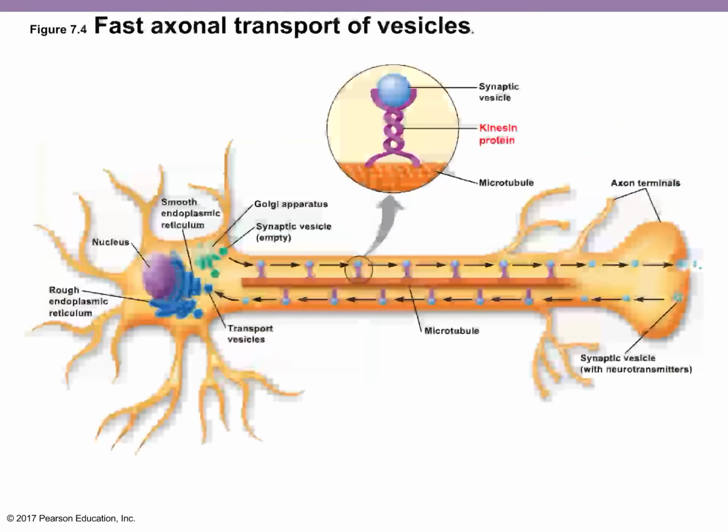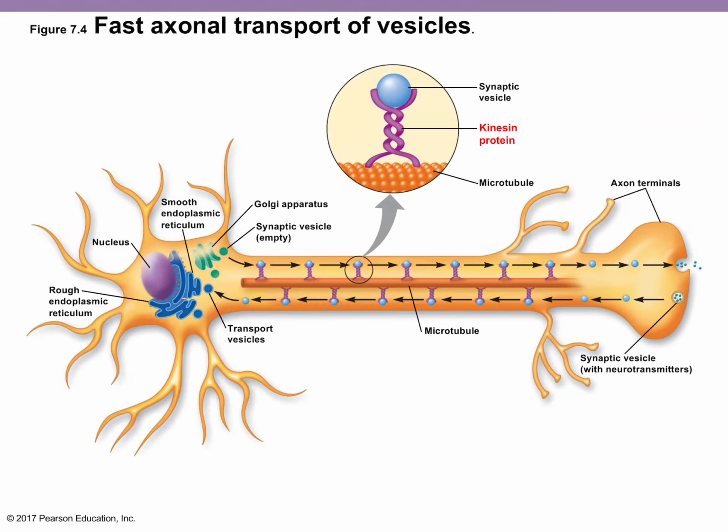In terms of the localization of ion channels in neurons, we'll be talking about this a little bit later, but dendrites and cell bodies will most of the time have ligand or mechanical gated channels.